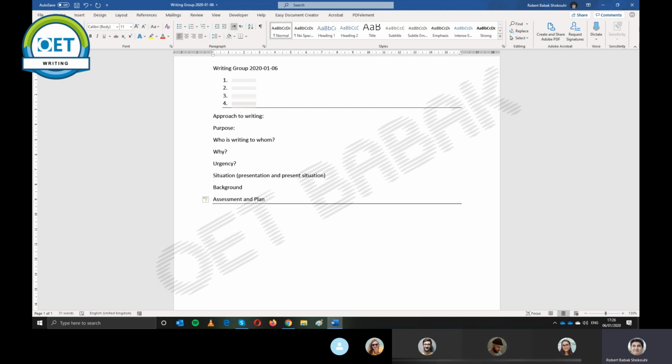Try to write as fluently as possible. If you use some discourse markers like furthermore, in addition, also, they actually cause a pause in writing, so they're not helpful.